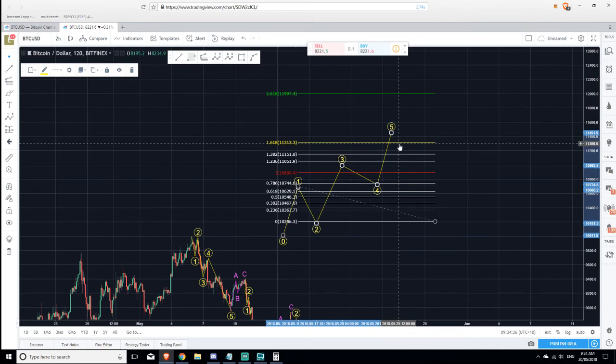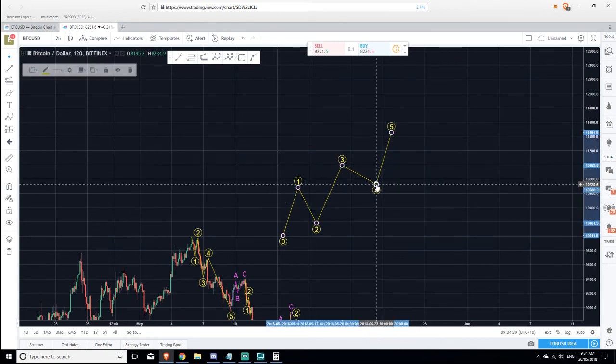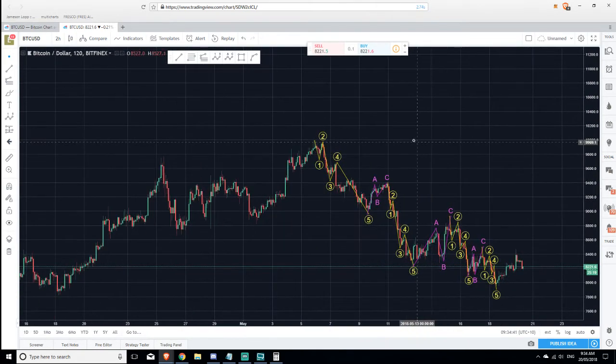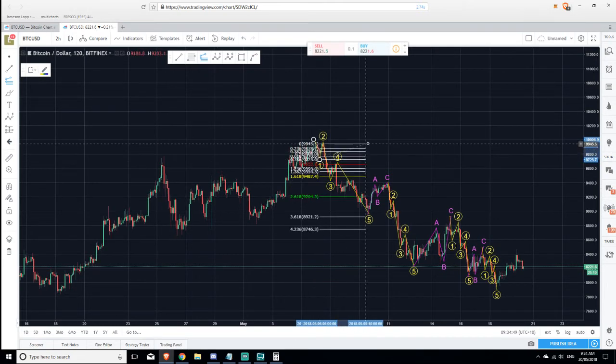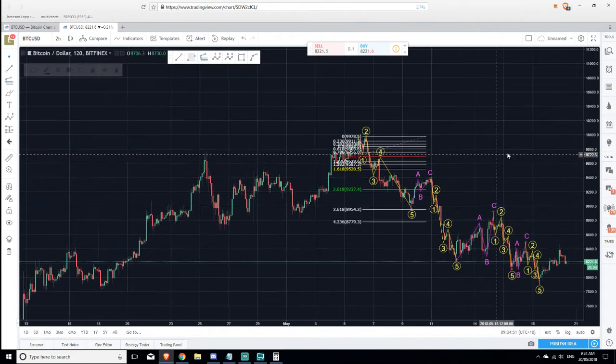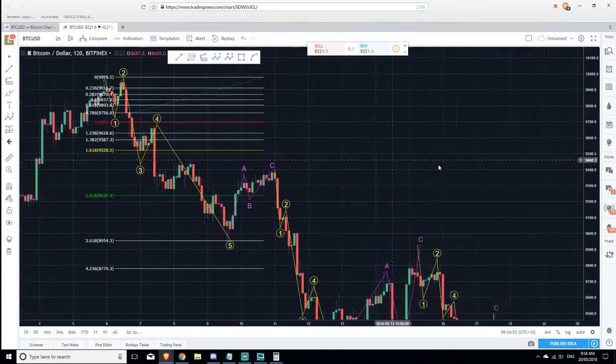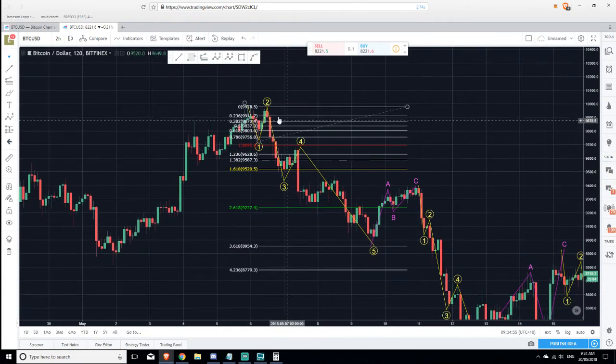That works as well. And the same goes for corrections as well. So let's just take a look at this. 1.618 extensions are pretty common as well.